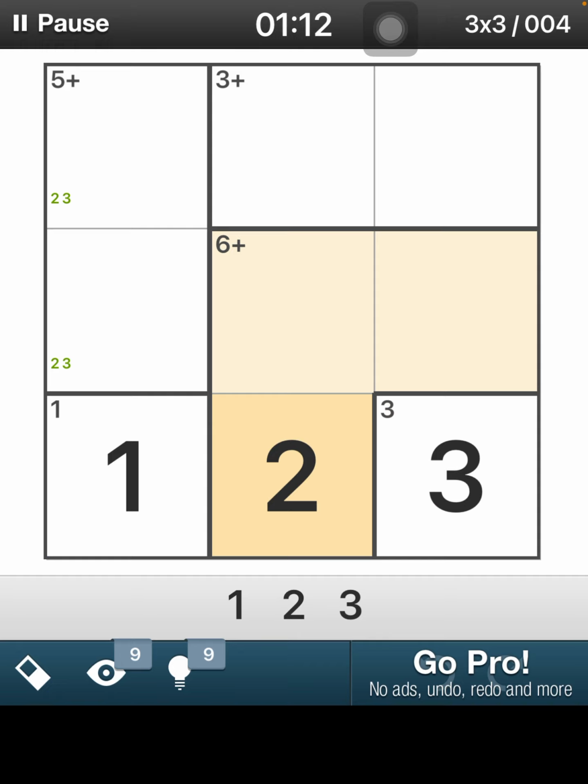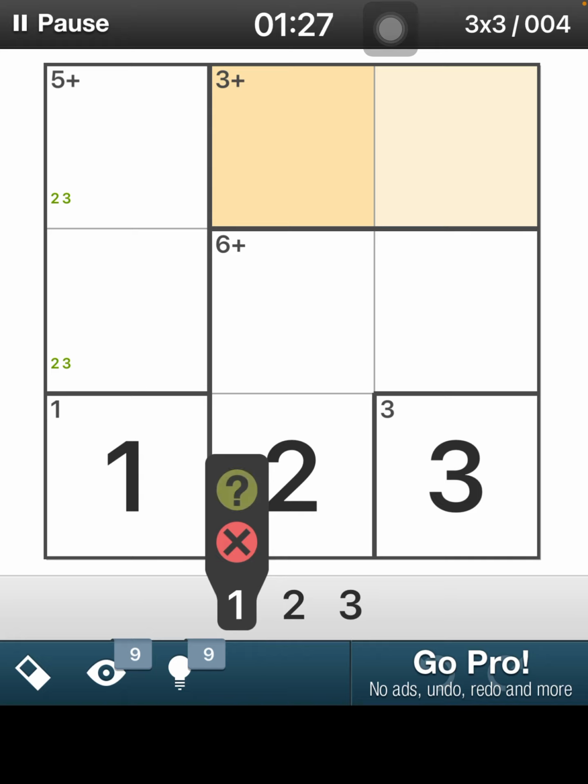We're going to go to this box. What two numbers add to 3? Out of what I have, 1 and 2.